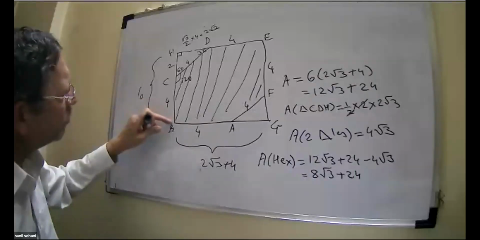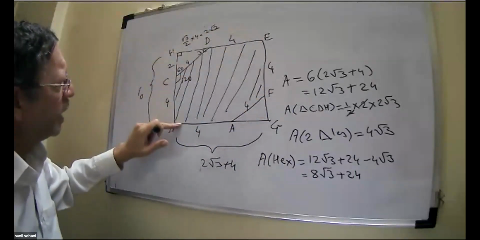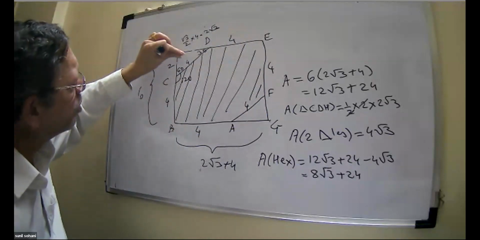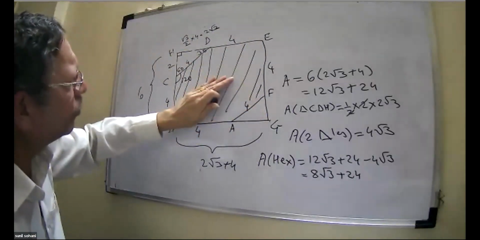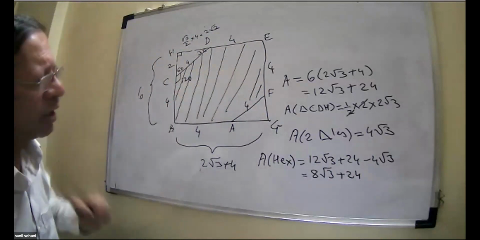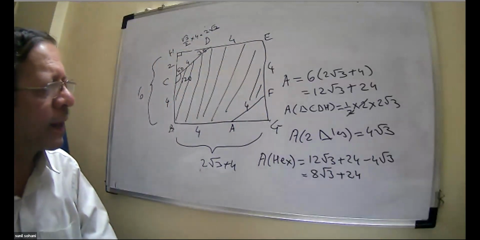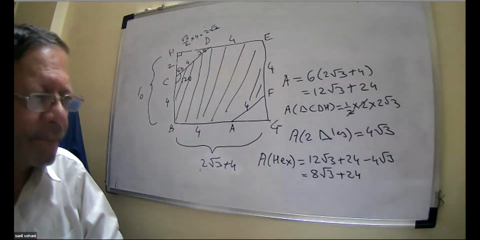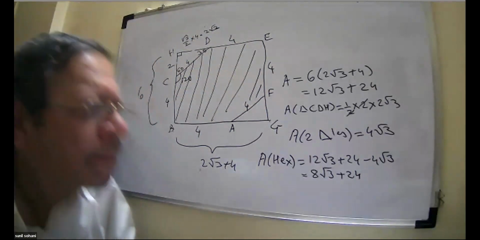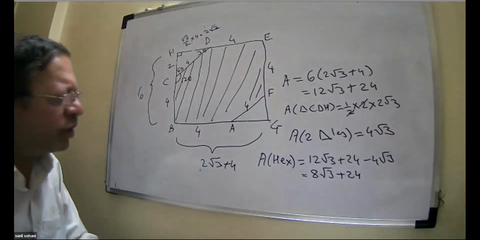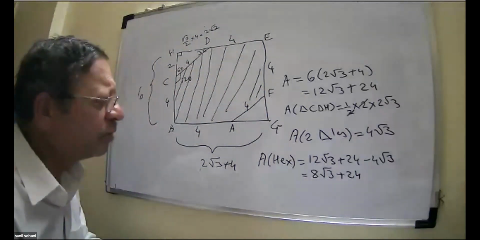So I have found the area of the whole rectangle first of all, and then I am going to subtract the area of these two triangles, and the leftover will be the area of the hexagon. So we found the area of the hexagon is 8 root 3 plus 24.